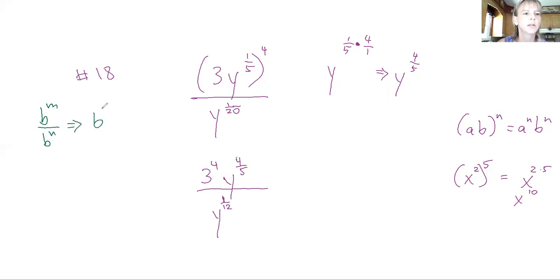And that is b to the m minus n, isn't it? So you're going to subtract exponents. In this case, you have y to the 4/5 over y to the 1/20 is y to the 4/5 minus 1/20. And you guys are allowed to use a calculator. So if you have a calculator that does well with fractions, you're not going to have a problem.